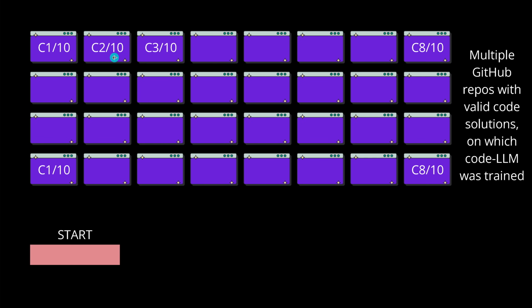And then we have a complexity level 2 GitHub repo, and then 10 different GitHub repos with this complexity. And it goes up to a complexity level 8 out of 10, a real heavy code implementation for particular problems. And our code LLM was trained on all of this.